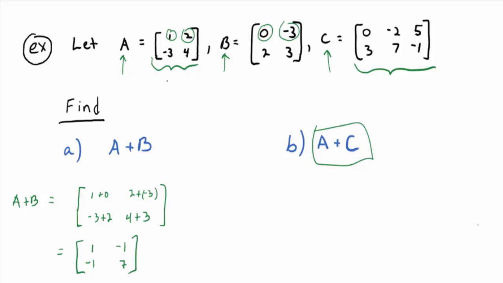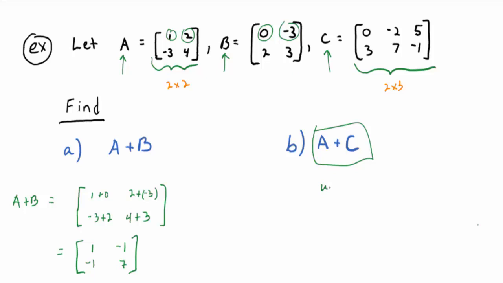Okay, so what's the order of A? 2 by 2. What's the order of C? 2 by 3. So we say A plus C is undefined. I can think of a way to define it, maybe you only add the corresponding entries in the first two columns.